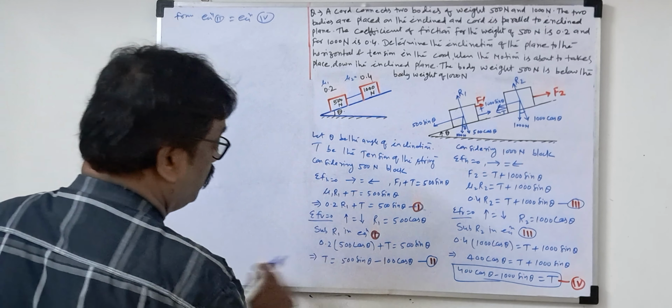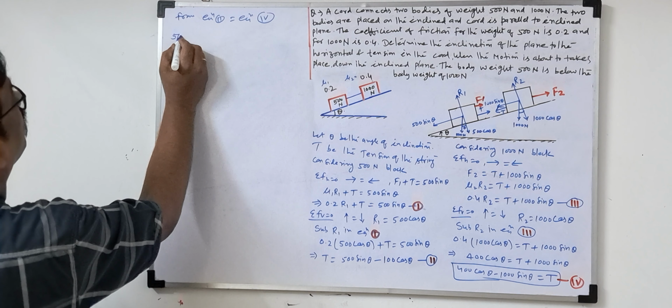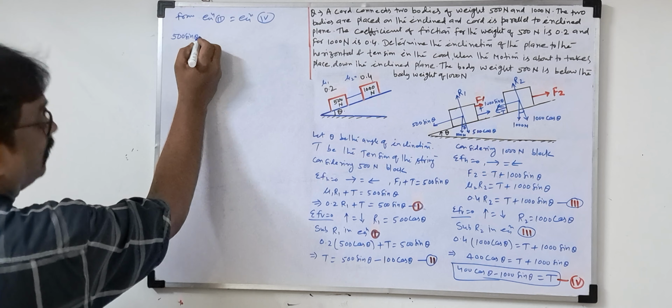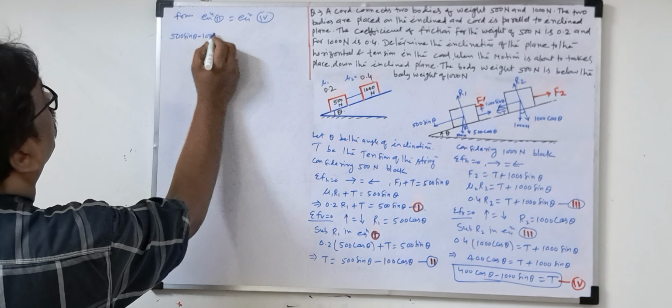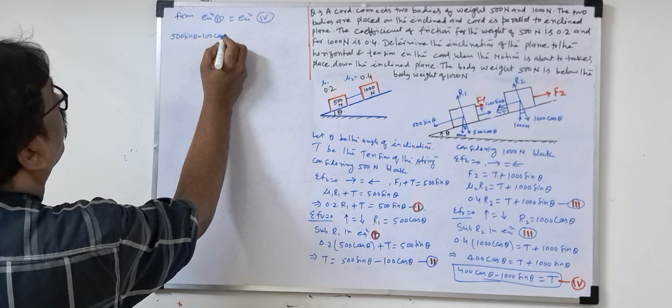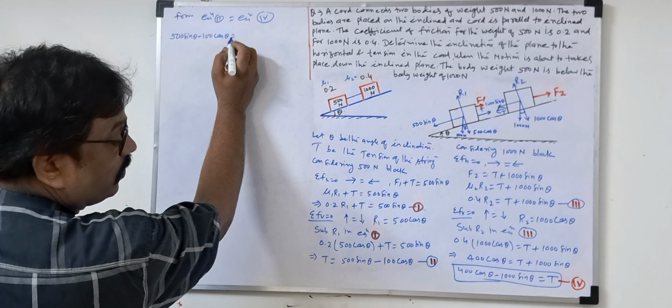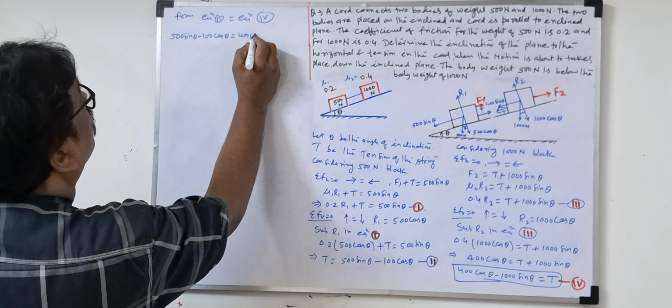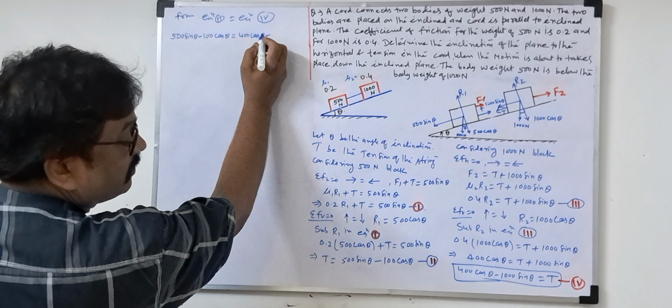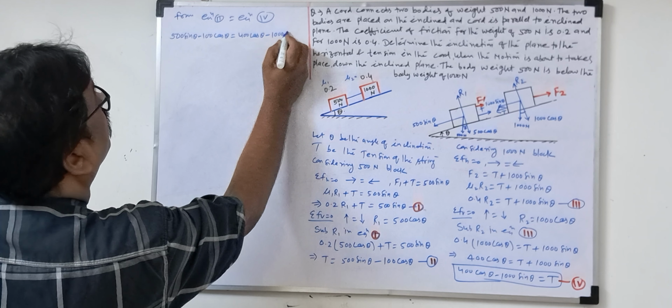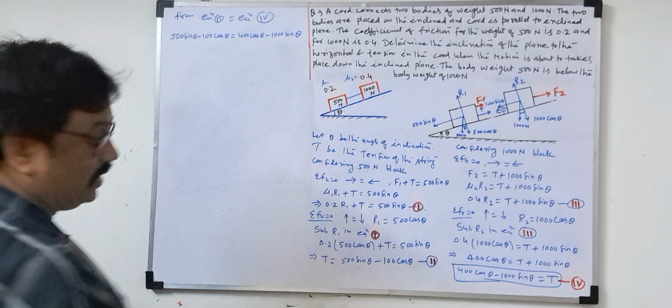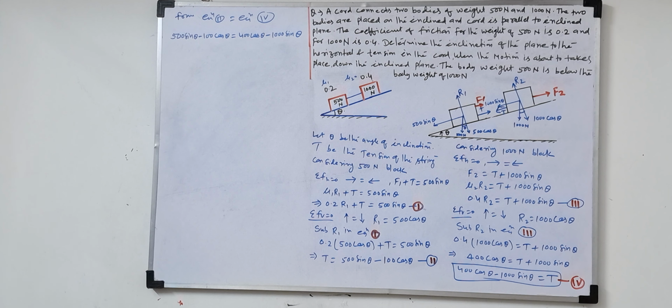Equation 2 is 500 sine theta minus 100 cos theta, equal to 400 cos theta minus 1000 sine theta. We will check this value.